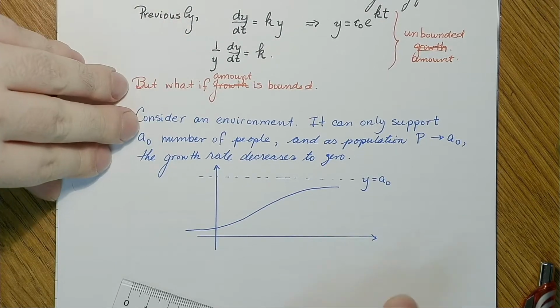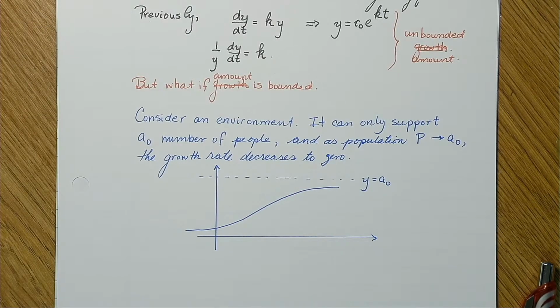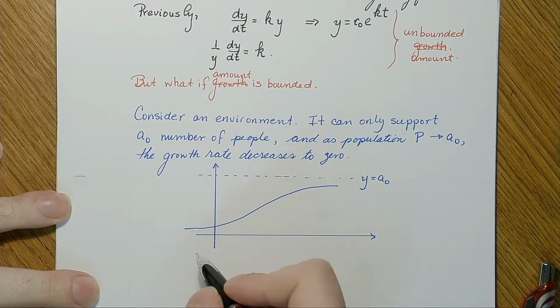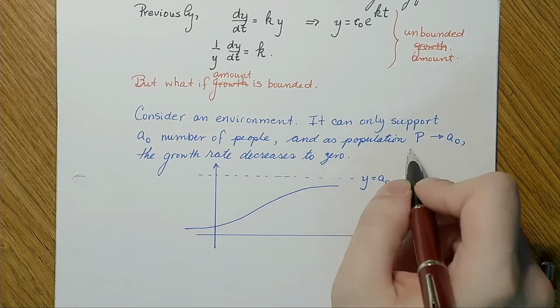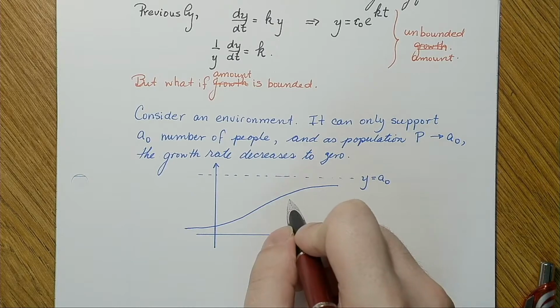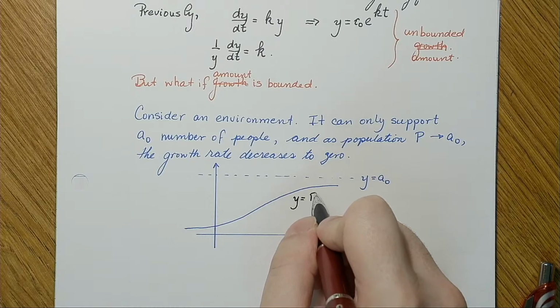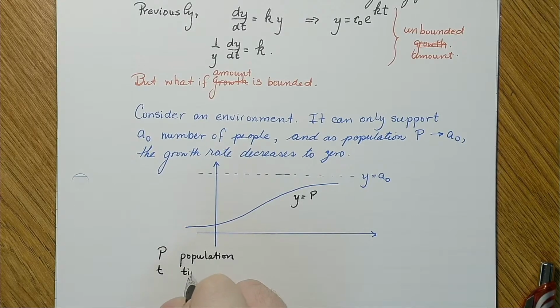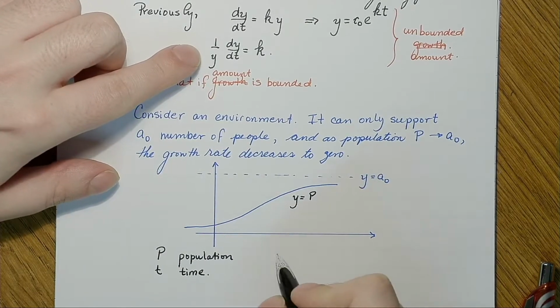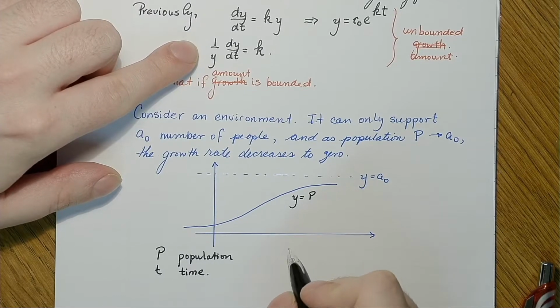So one differential equation to do this is to work similarly to before, but not using y. I'm going to use P, the population, and work with time.